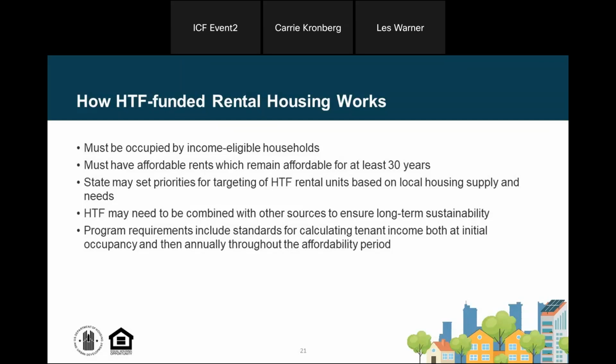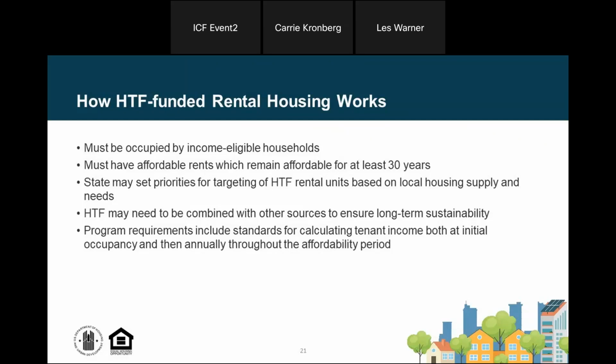We mentioned that our Housing Trust Fund assisted units must be occupied by income eligible households, they will have to have affordable rents, and they also need to remain affordable for a period of not less than 30 years. So that's a Housing Trust Fund requirement.